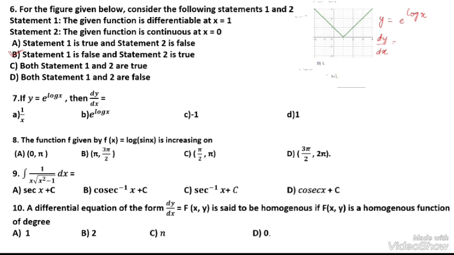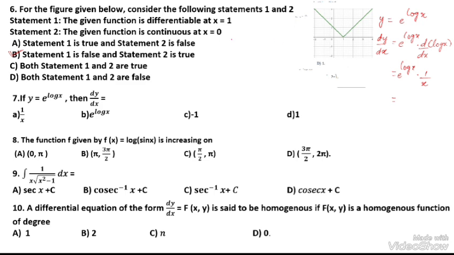Here in place of x we have log x. Again in place of x we have log x, so I will take e to the power log x. Then differentiation of log x is 1 by x.